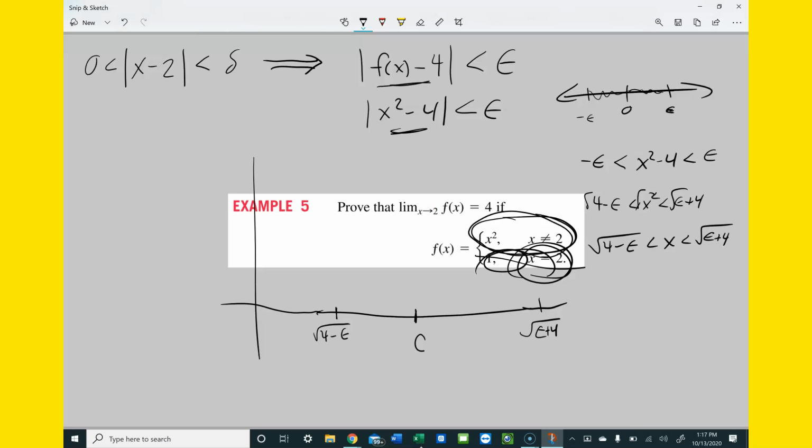The question is which one is going to be closer to c, right? In fact, I don't even have to write c. I actually know what c is in this case. c is 2. x approaches 2. So now the question is, which one of these is closer?